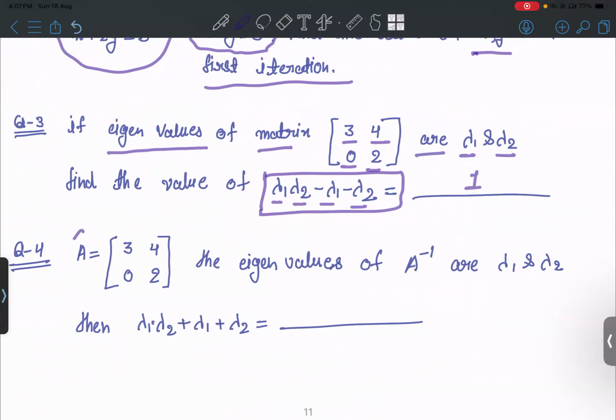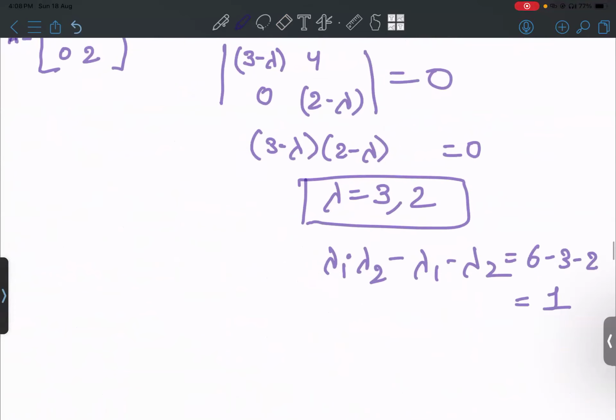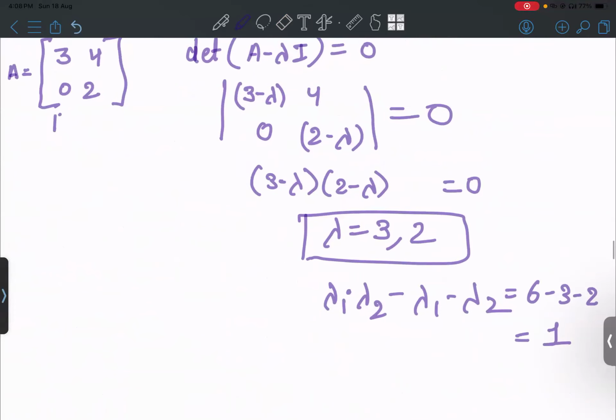Now try to solve the second problem. If A is my same matrix 3, 4, 0, 2, and the eigenvalues of A inverse are lambda 1 and lambda 2, I want to find lambda 1 multiplied by lambda 2 plus lambda 1 plus lambda 2. For this A matrix we have found lambda is 3 and 2.